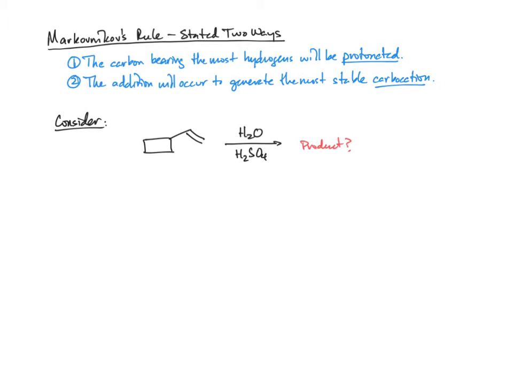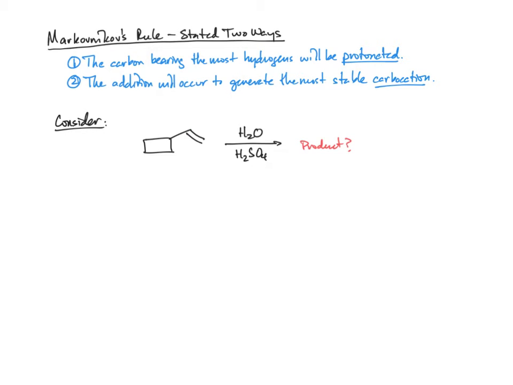Markovnikov's rule gives us guidance on how we add the electrophile to the alkene, because remember, we have a regiochemical issue where the electrophile could add here or there, and so this gives us guidance.